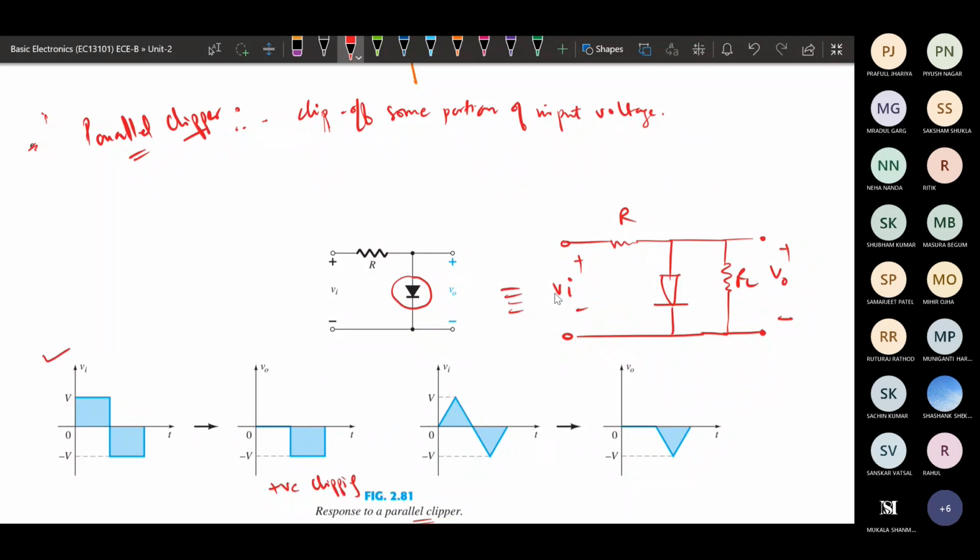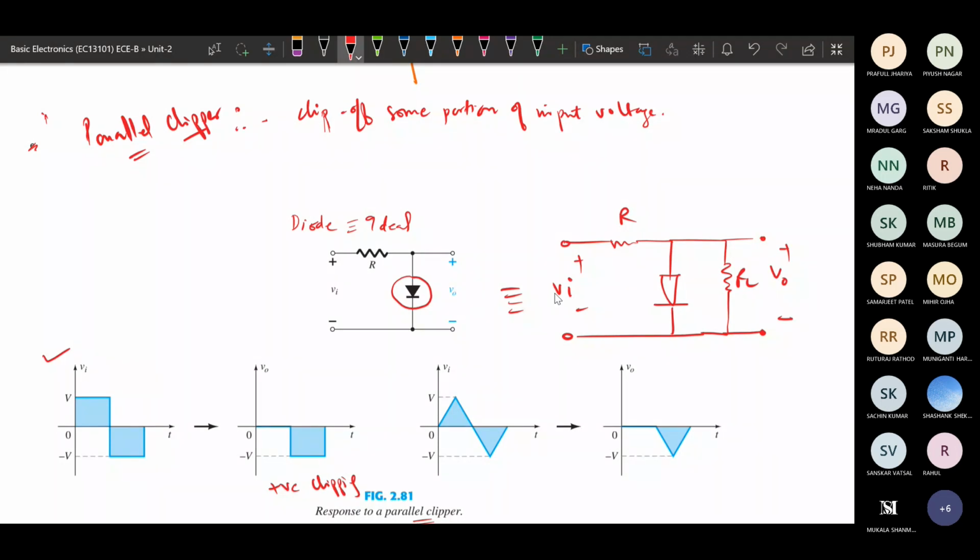In the case of the positive half and negative half, we will just consider whether the diode is on or off. This is the case where the diode is an ideal diode. If it is ideal, it will be either an open circuit or a short circuit based on the biasing of the diode.